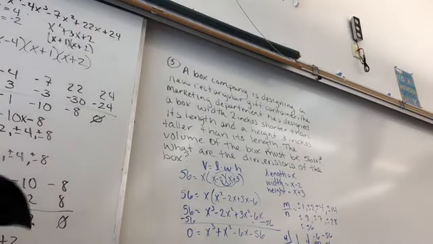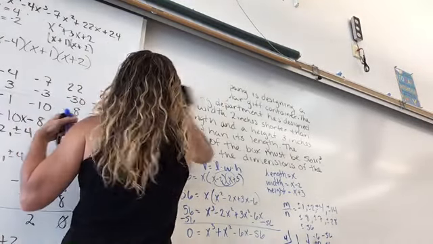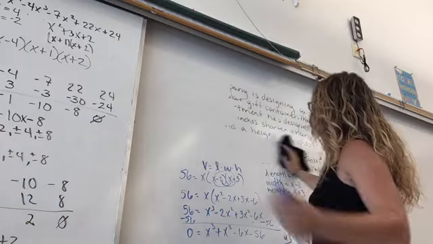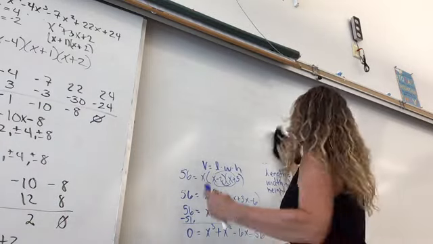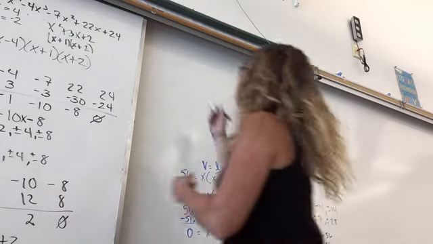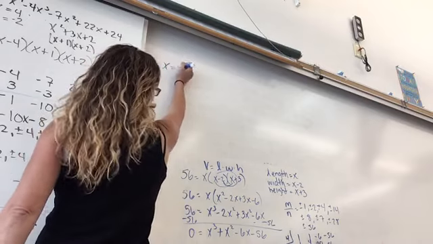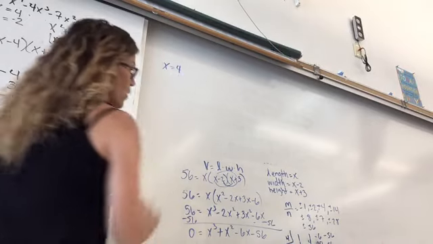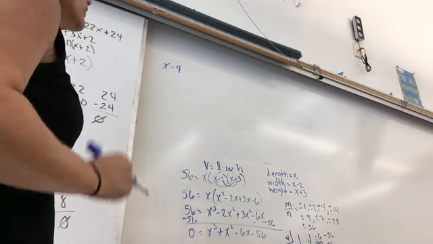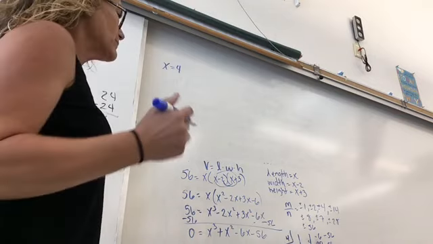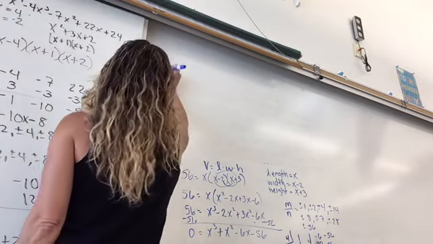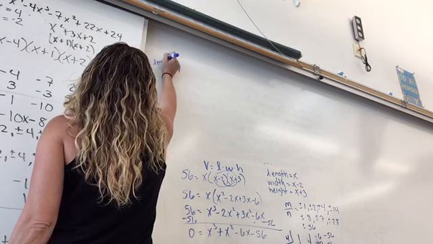So I am going to go ahead and erase the problem up here, this word problem, so that I have room to show you guys what we're doing. So one of my answers is x equals 4. Now, if x is 4, I can find my other dimensions. That means my length is 4.